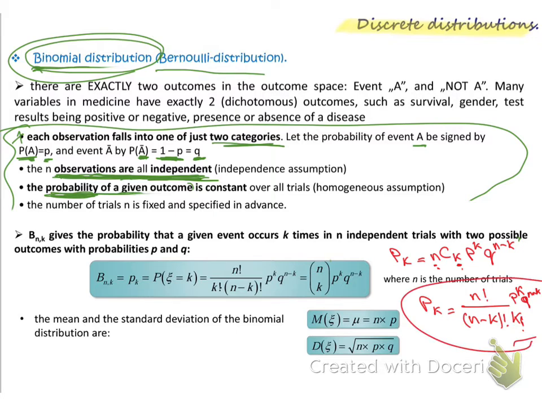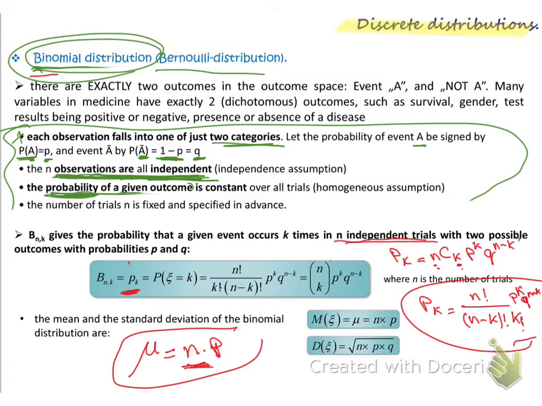So what about the mean, or the average? The mean in this case will be N times the probability, N times P. That's it. So the mean in binomial is simple. It is just the probability times the number of independent trials which I have.